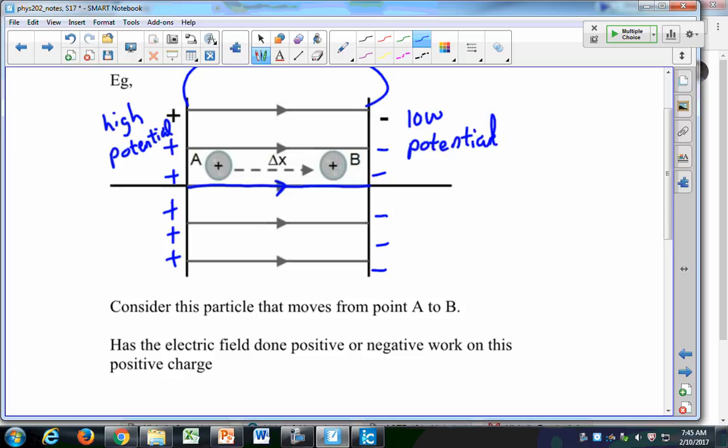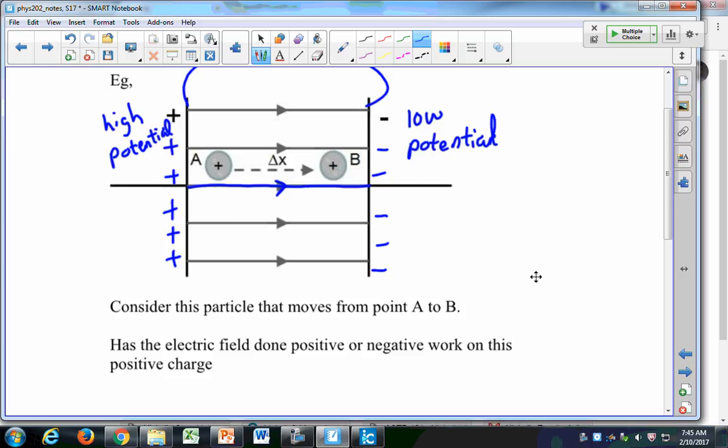High potential is the positive side. And you can think about a positive charge here, that if I put it here, it has a high potential for motion. It has a lot of energy per charge. And this positive charge is always going to move towards the low potential.